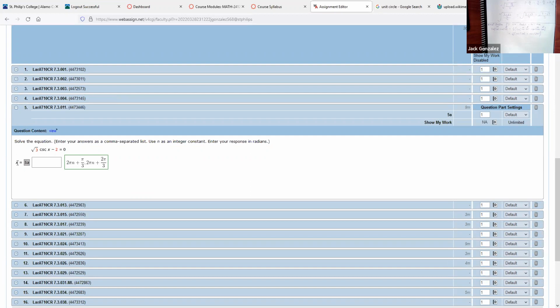Mine's different, but yes, that's what I got effectively. I did it correctly. Okay. And I think I actually got it. There's one other one that I kind of got stuck at, which was right here at this point on number 7.